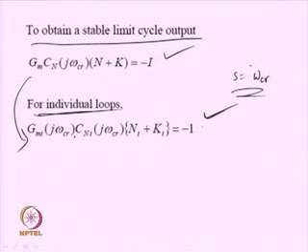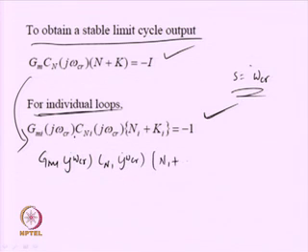That means I can write this as Gm1 j omega Cr Cn1, please keep in mind, j omega Cr times N1 plus K1 is equal to minus 1.